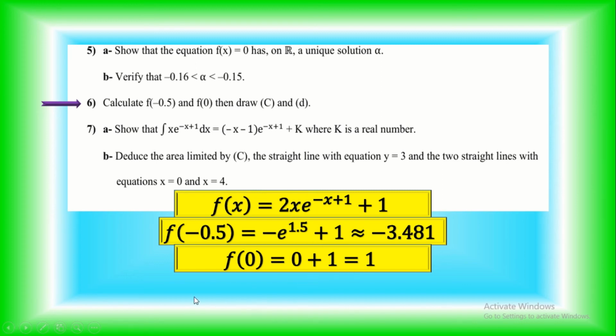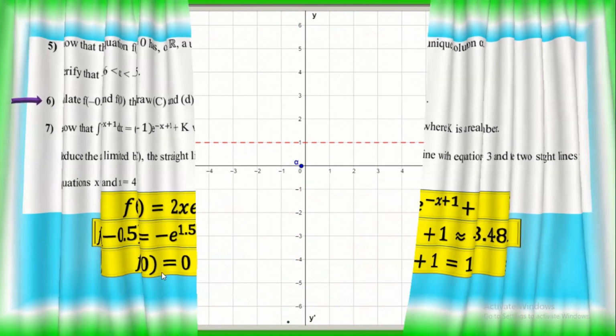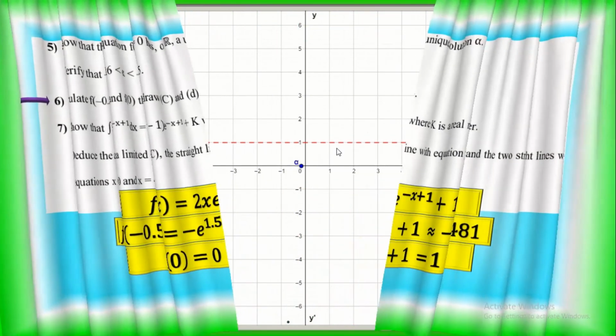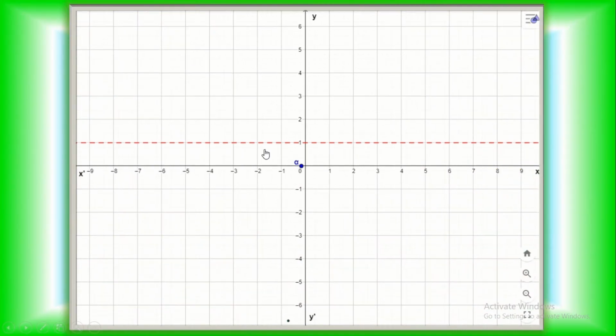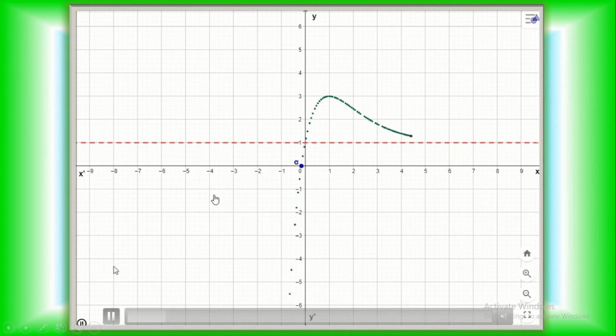Now let's start drawing the curve C and the straight line D. If you note here, we have the straight line D of equation y equal 1. What about the curve C? When x tends to minus infinity, its limit will be minus infinity. It increases. Here we have the root alpha.